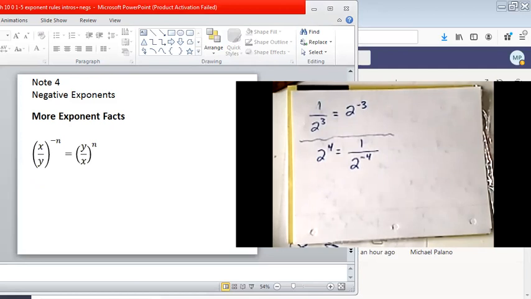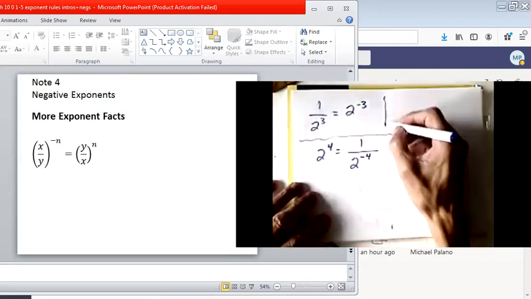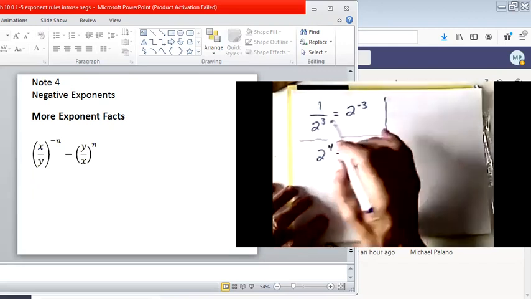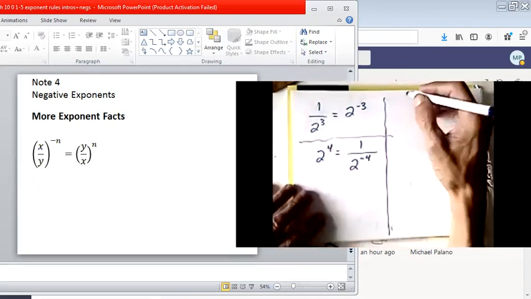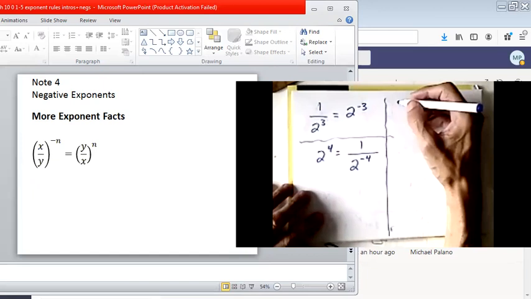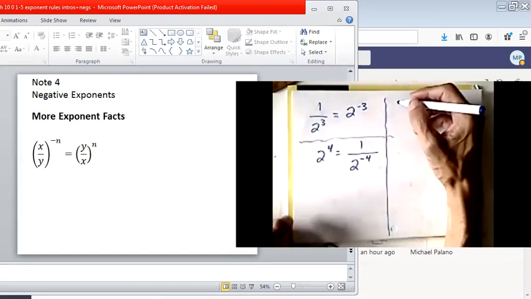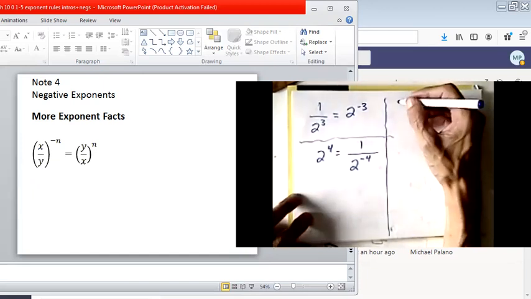This example here on the screen is like a grown-up example of negative exponents. Because if you take a look, what happens is the fraction on the inside just flips upside down.